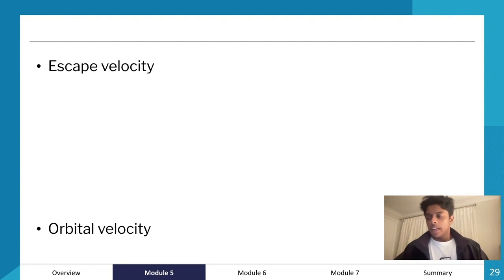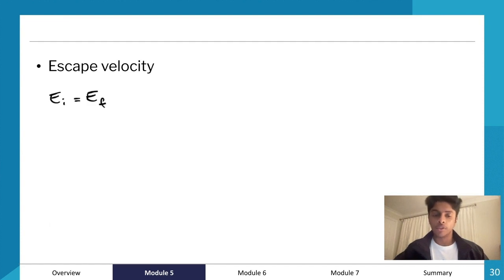If the object is undergoing uniform circular motion around the planetary body, there will be a centripetal force. Centripetal force in this case acts perpendicular, so it acts downwards towards the center of the Earth. The only other force that acts downwards towards the center of the Earth that we currently know of is gravity.